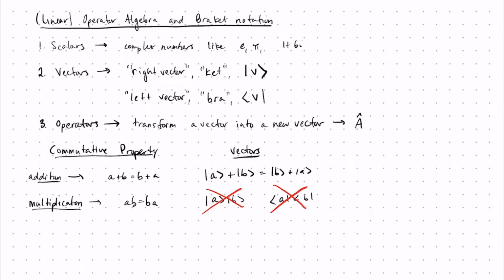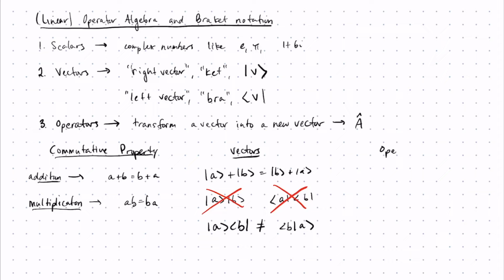So that means that there are two orders of this multiplication that do make sense and that we can talk about. So the first is a ket bra, and the second is a bra ket. But it is very important to note that these are not the same. In fact, as we'll see in a little bit, the ket bra represents an operator and the bra ket represents a scalar. These are not the same thing.